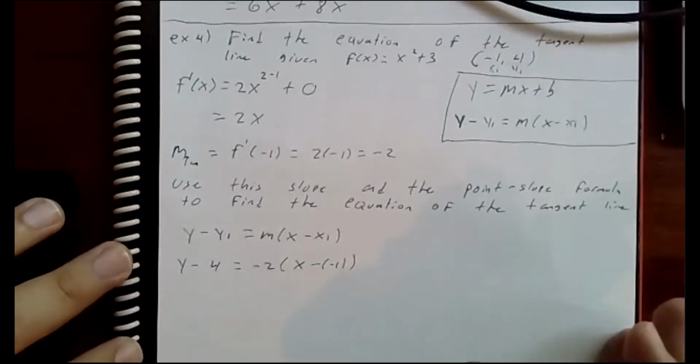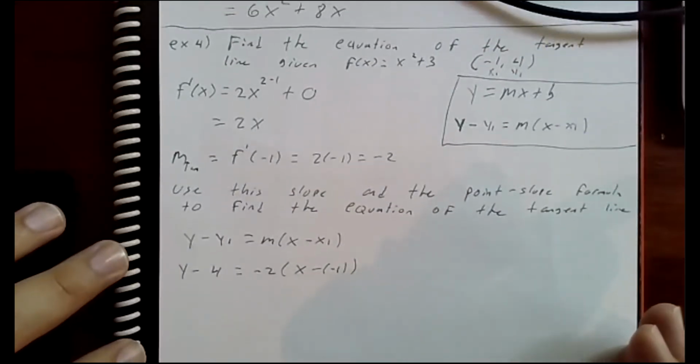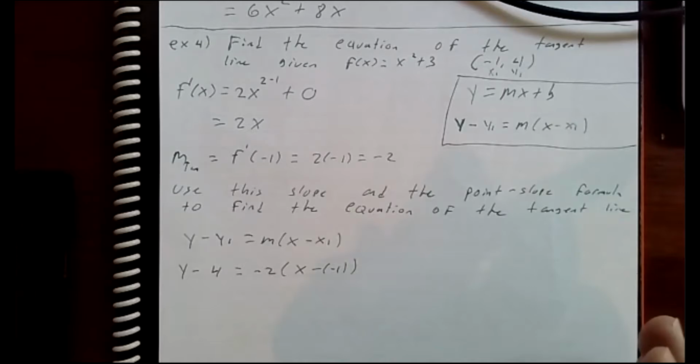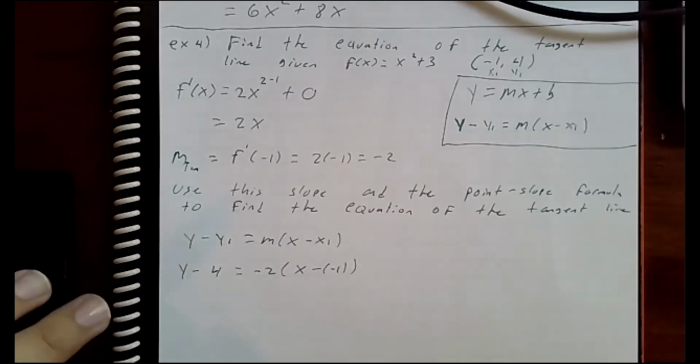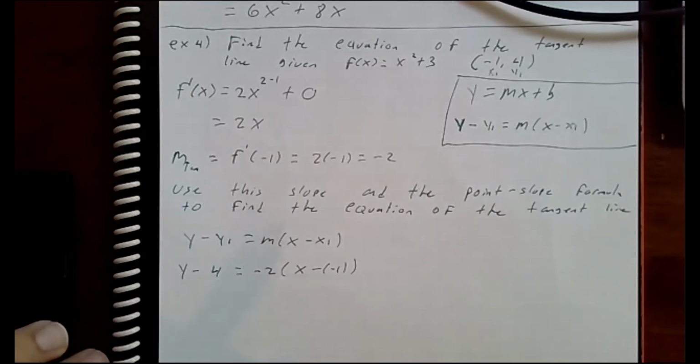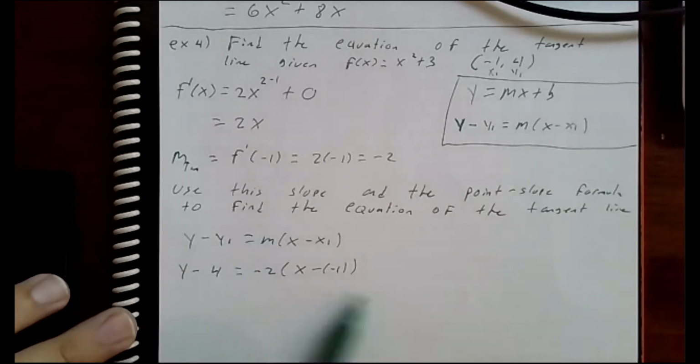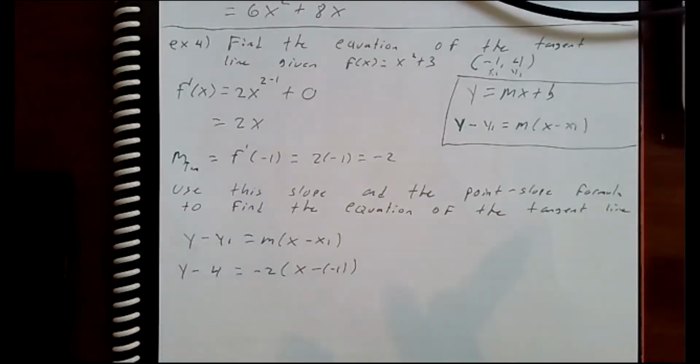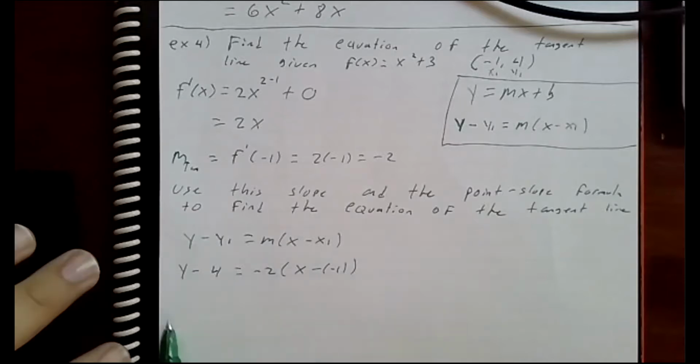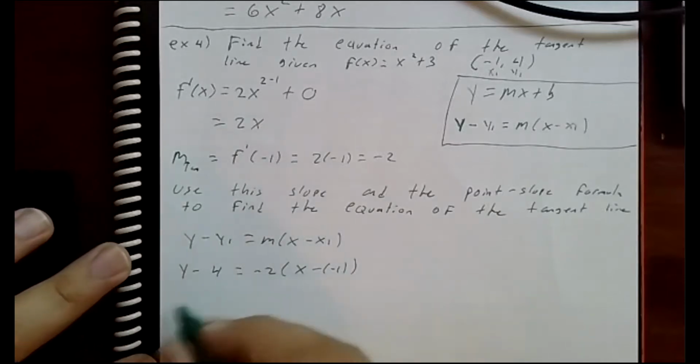Any questions up to this point? Okay. So this point is just basic algebra, right? This is the answer technically, but we should solve for y because the homework is not going to take this weirdness. So let's do our algebra.